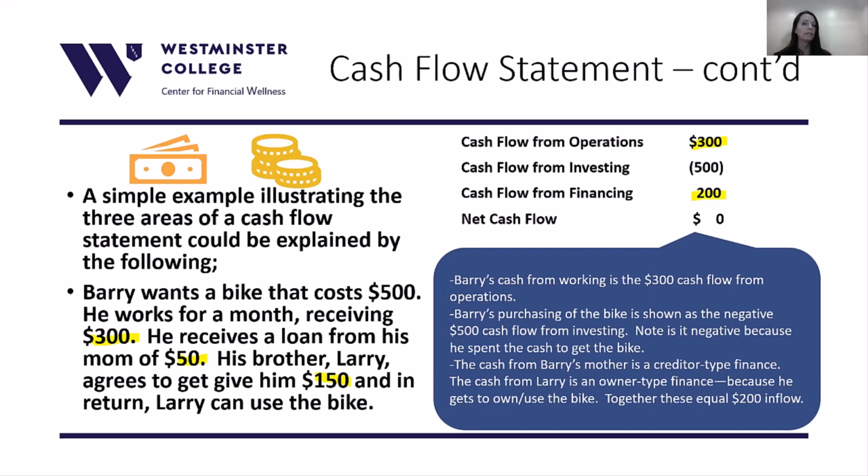So Barry gets another $200. What does he do with the 300 and the 200? He spends it all investing in a bike that's going to last longer than a year. So this is a simple little example of what a cash flow might look like. His net cash flow for this period of time is 0. He used up everything he earned and borrowed or begged his brother for.